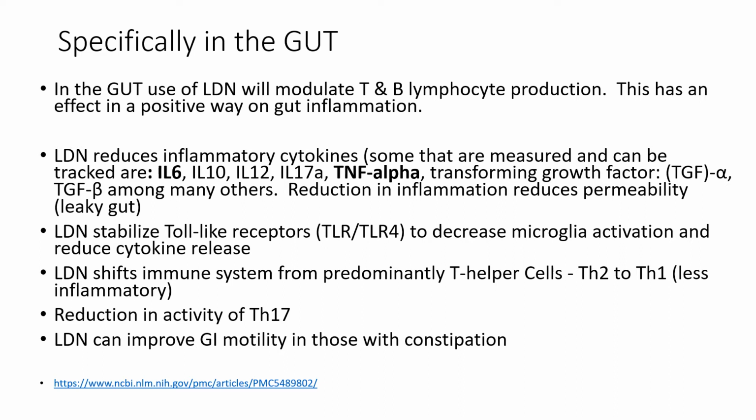Reduction in inflammation reduces permeability in the gut, i.e. can reduce leaky gut. In addition to its effects on some of the interleukins, LDN also stabilizes toll-like receptors, or TLR, and one in particular, TLR4, to decrease microglial activity and reduce cytokine release or cytokine storms.